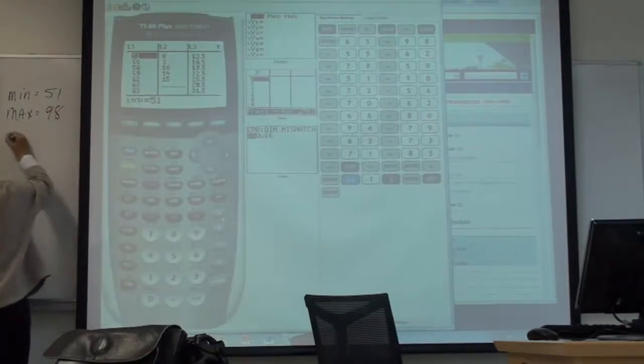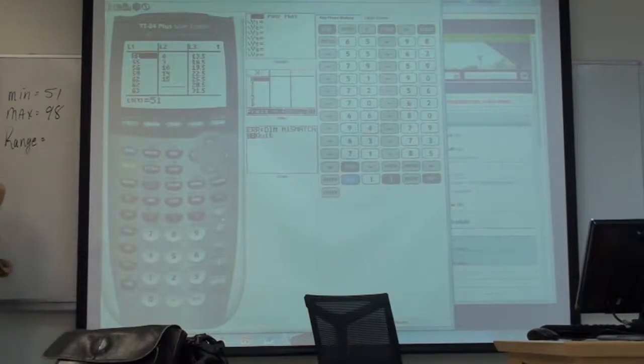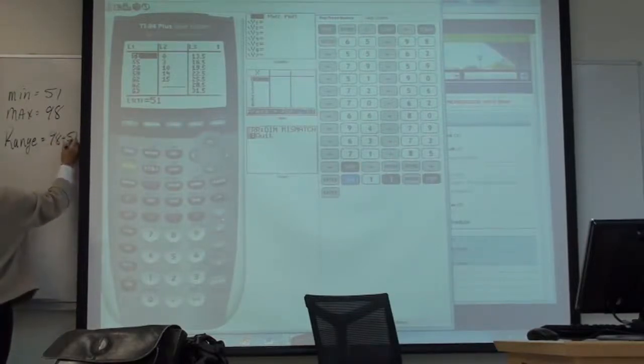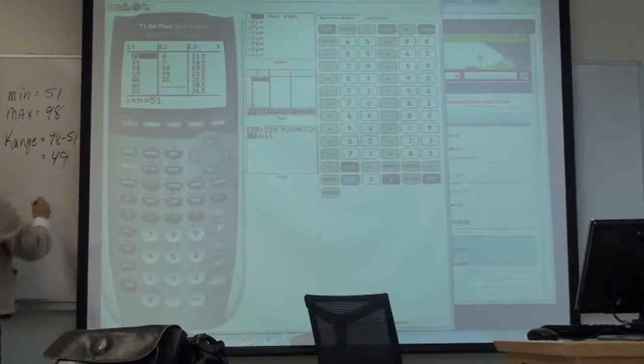Okay, so we would now say that the range would equal, and we subtract. So we want to know min and max, but we also write how many numbers it covers. So here, 98 minus 51. So we're saying it covers 47.